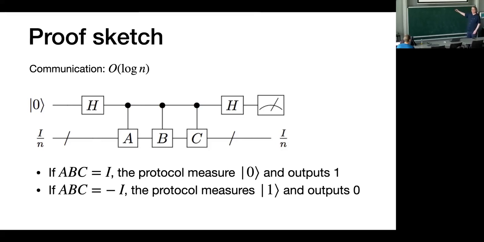What you have here is 0 plus 1 divided by square root of 2, and what you get here is then 0 minus 1 divided by square root of 2, and that maps back to 1. So this protocol doesn't have any error, has communication about 3 log n, and definitely you also get this state back in the end.